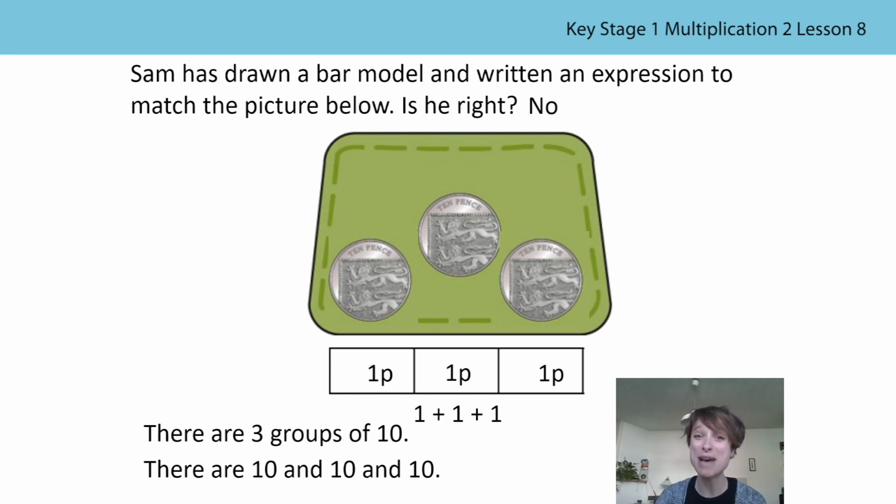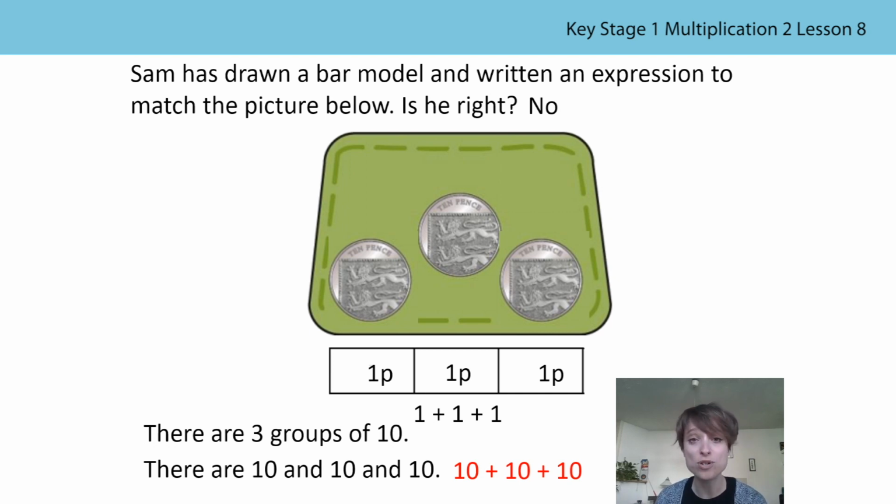Now, I bet you can say the repeated addition expression to match these sentences now, can't you? Shall we say it together? Are you ready? Okay. 10 plus 10 plus 10. So we can see now that Sam was a little bit right, wasn't he? Because he knew that he had to split that bar model into 3 equal parts.